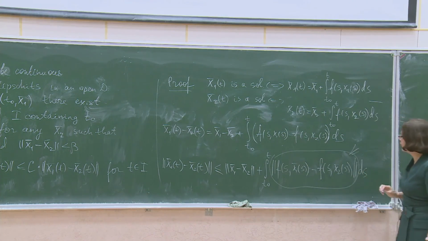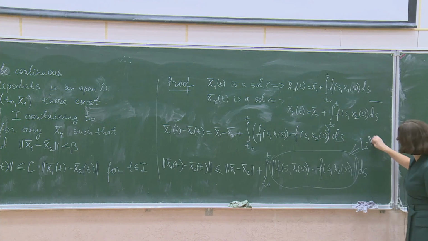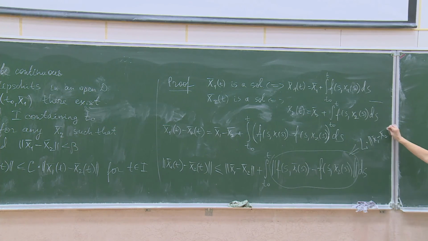So this is less than or equal to L times the norm of x1 minus x2 of s, of course.